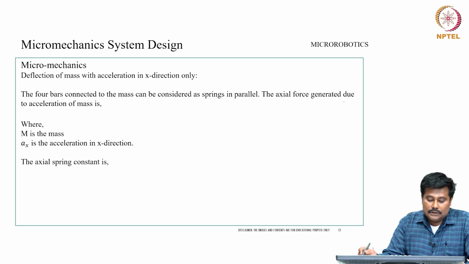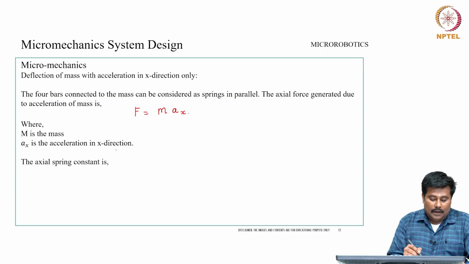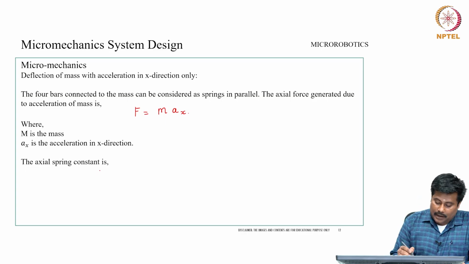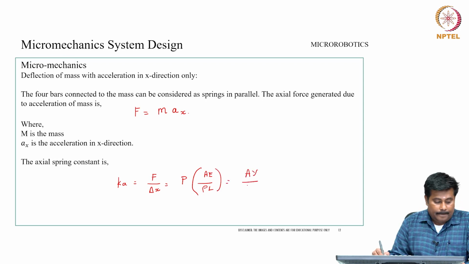So, the axial force generated due to the acceleration of the mass can be represented as F equals max, where m is the mass and ax is the acceleration in the x direction. The axial spring constant can be considered as k equals F by del x, which is nothing but AE by L.